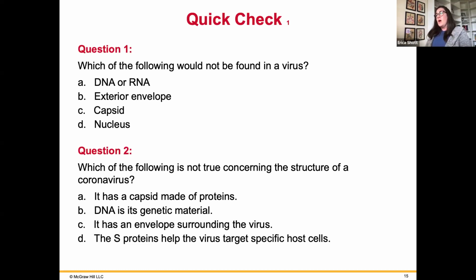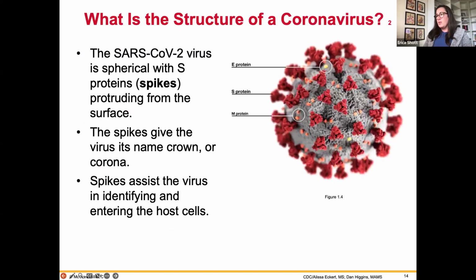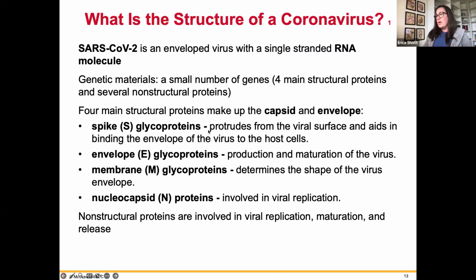Which of the following is not true concerning the structure of a coronavirus? Let's see. So I believe it's going to be D. So let's go back and look at our S proteins.